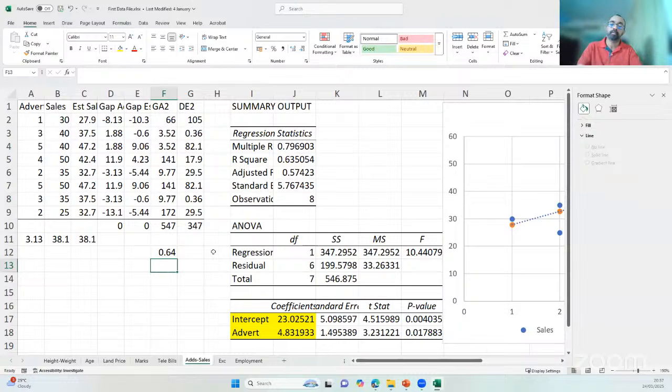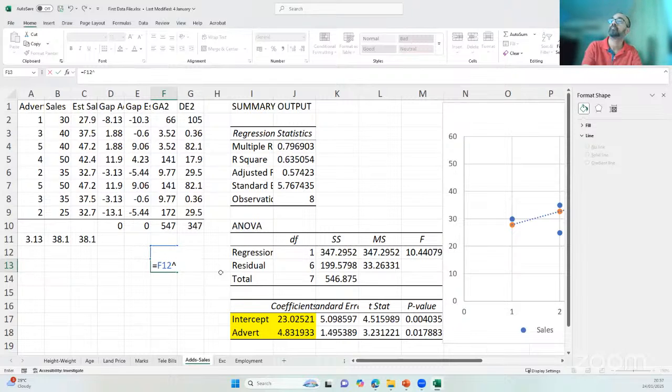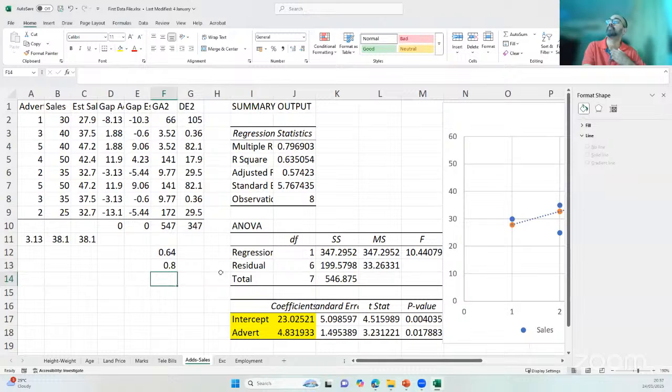Right. If I get the square root of this value, we get 0.8. Okay.